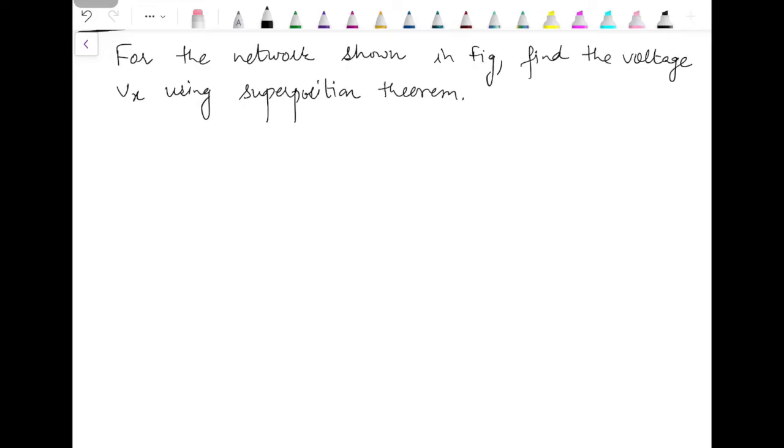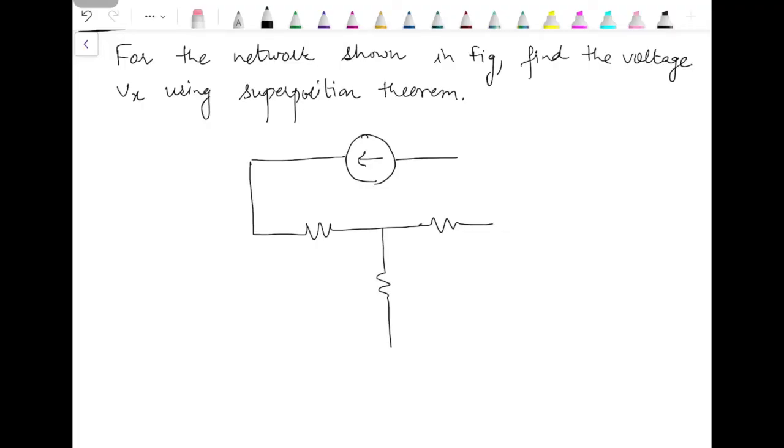Now the circuit is again having two independent sources and one dependent source. This is a dependent current source.